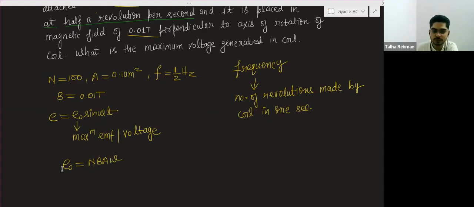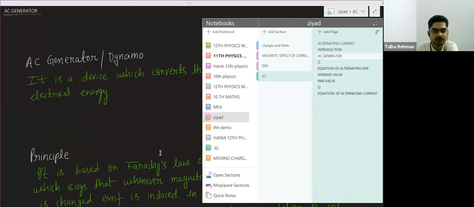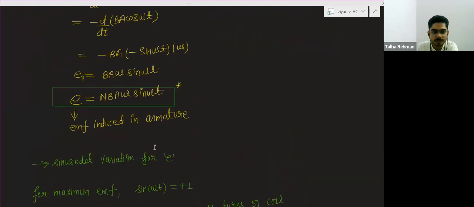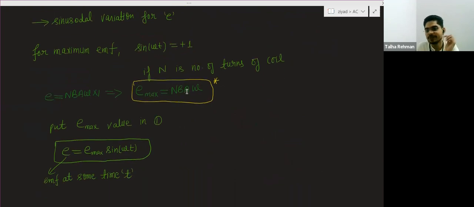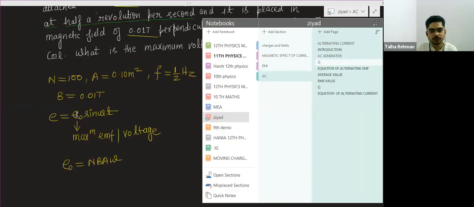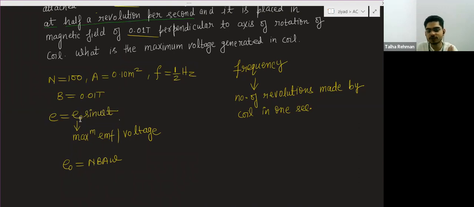E naught is NBA omega. Here you can see E max is equal to NBA omega. I have written it as E naught, which is also the maximum EMF.